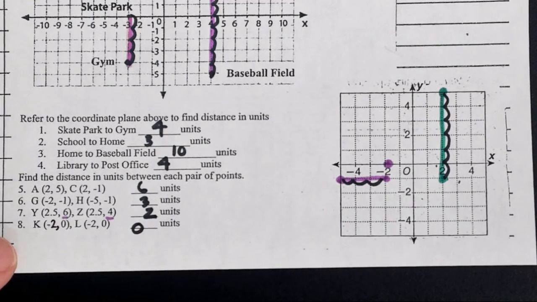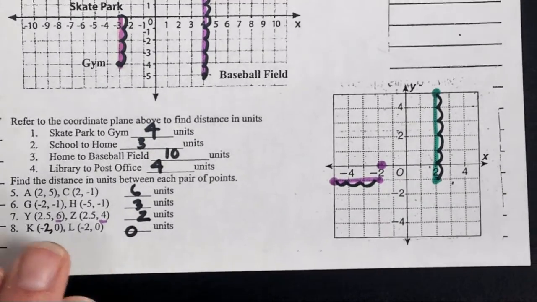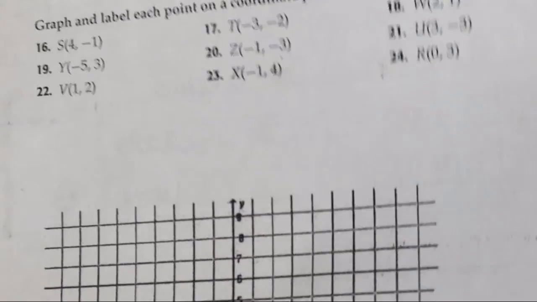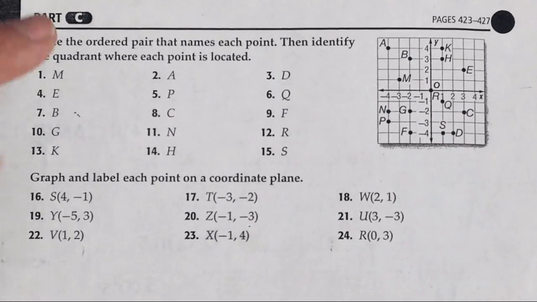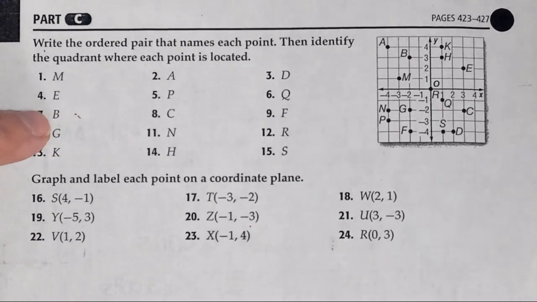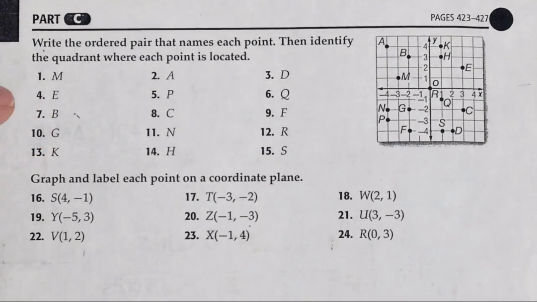All right, on the back, we're going to do some practice of what we did yesterday. At the top, you are writing the ordered pair. Remember, this is like giving directions. Where are we always going to start? The middle. We call the middle the origin, and what's its point labeled? 0, 0.